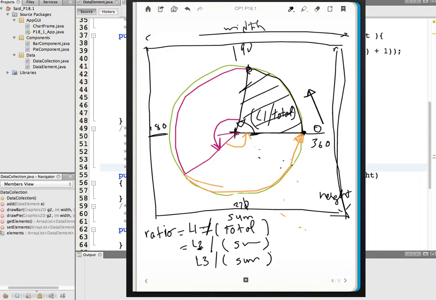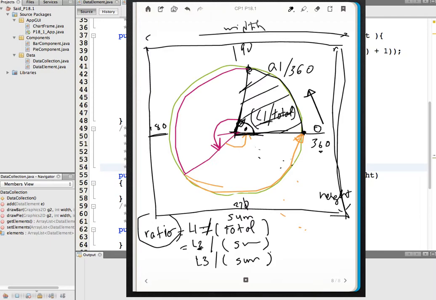So this first angle, it starts from here, from 0, and ends at the angle that represents the ratio or the slice of the first part. The ratio of the first part is the same as the ratio of this angle out of the 360. So the ratio here will be the angle 1 divided by the 360.